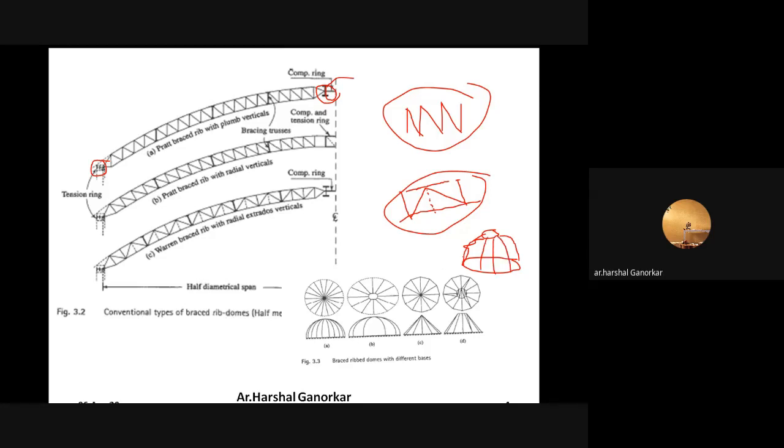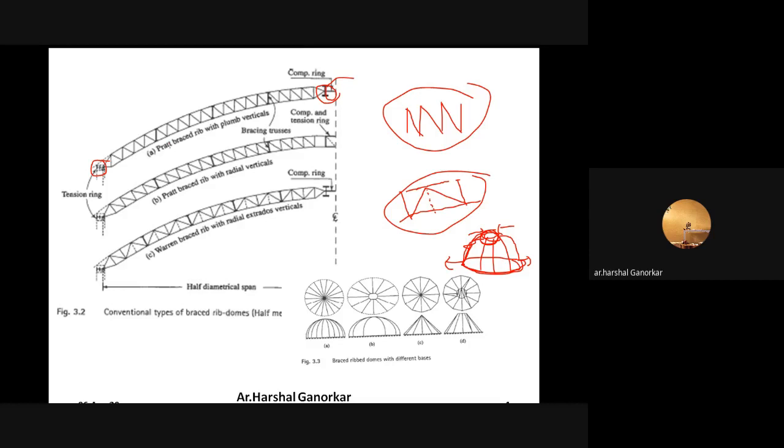At this point there is a thrust going like this, so there is a compression, and hence it is called the compression ring. And here, because it is fixed, it is going to add tension like this, and hence it is called the tension ring. So the top ring is the compression ring and the bottom ring is called the tension ring.